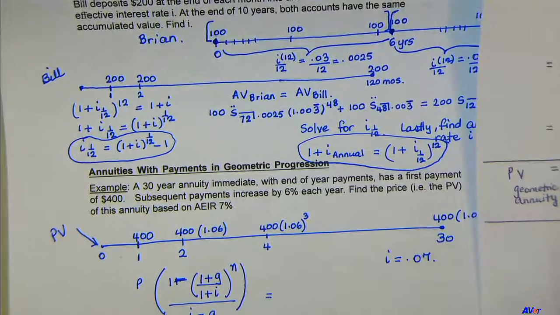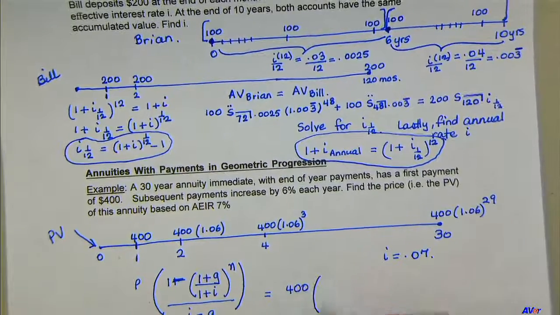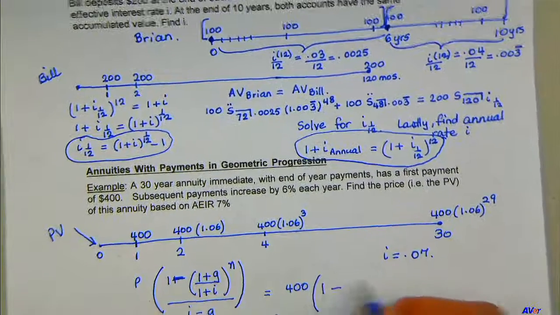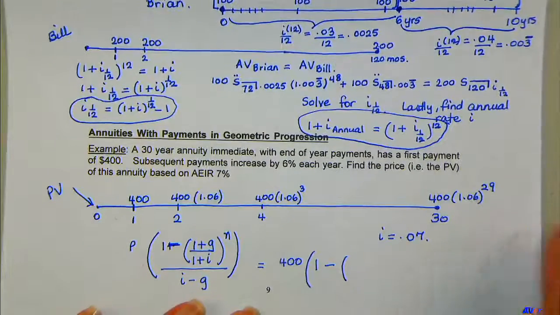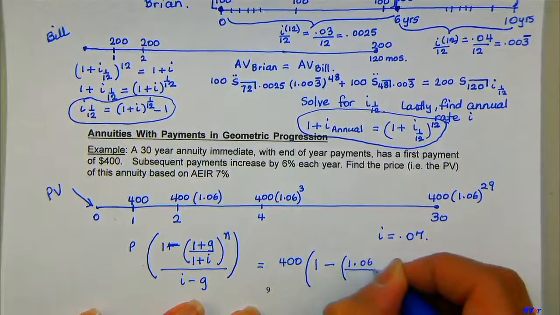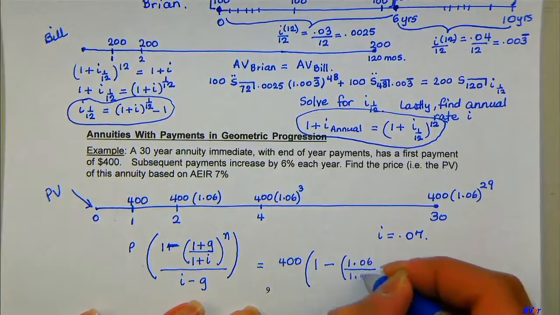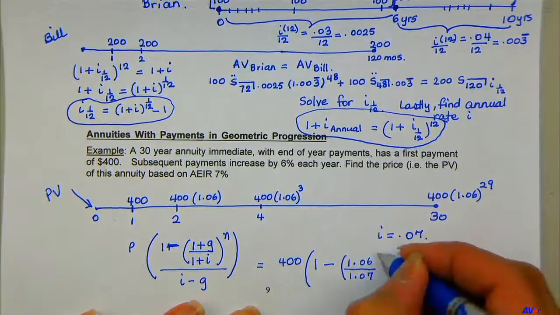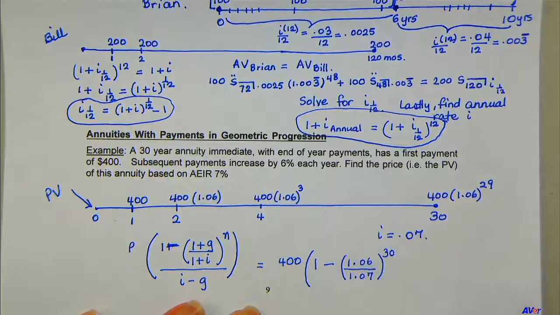My P is 400 times 1 minus the growth. The growth is 6%, so this would be 1.06 divided by 1 plus I, which is 7%, so 1.07 raised to the 30th power. That's my n. Close the bracket.